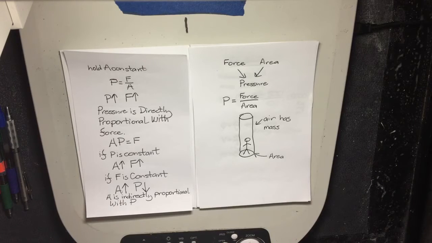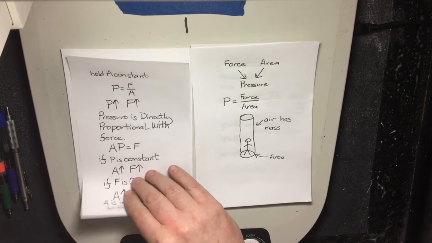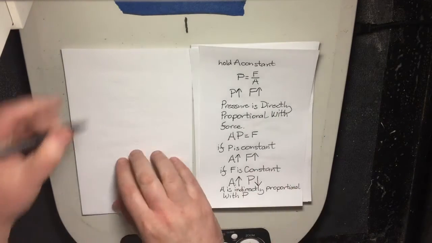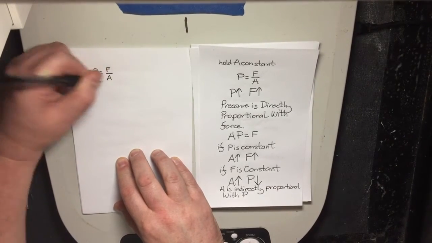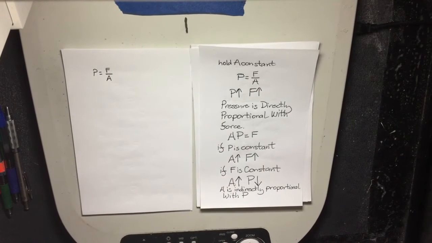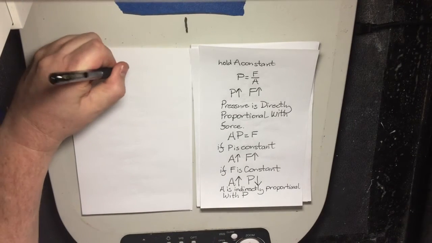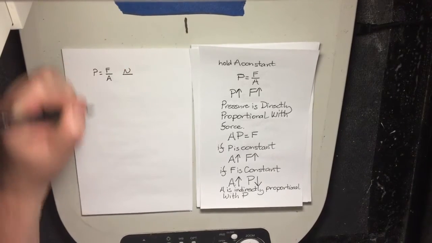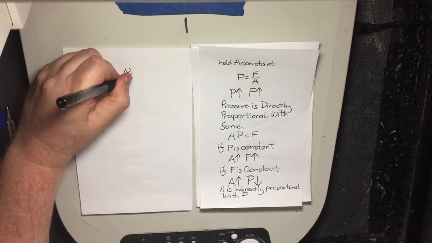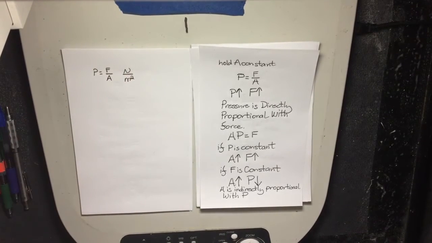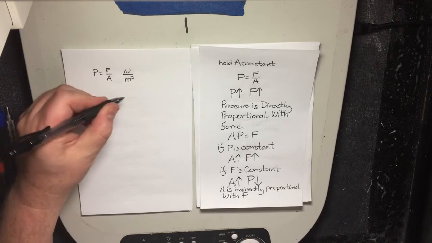All right. Now, with all this stuff, pressure is force divided by area. What are the units of force? Force is Newton. What are the units of area? Meters squared. So newtons per meter squared are the units of pressure. Now you can write this out and do all sorts of interesting things with it.